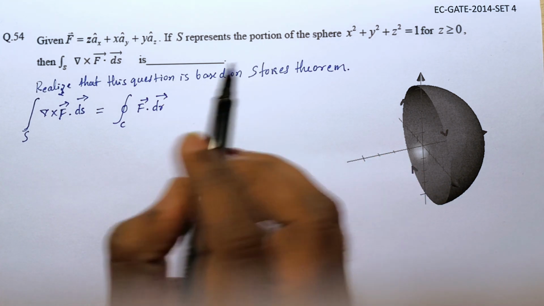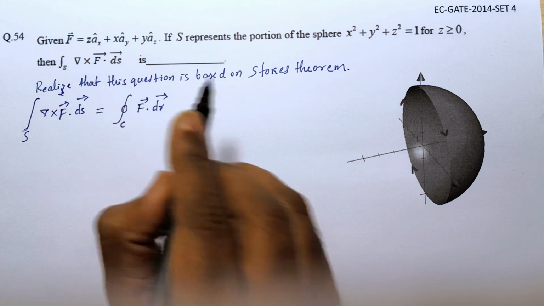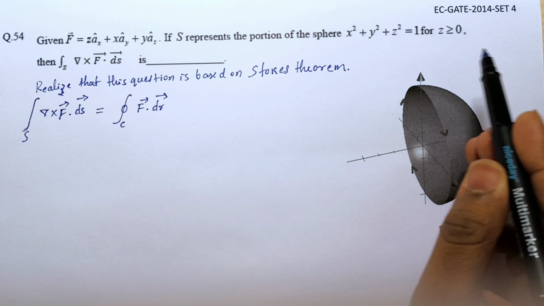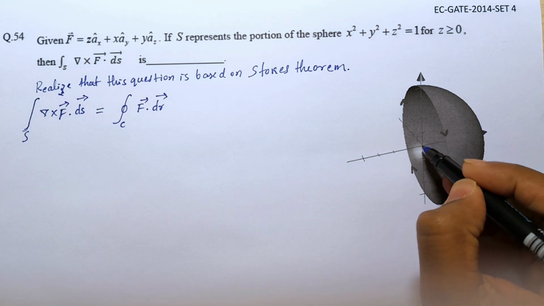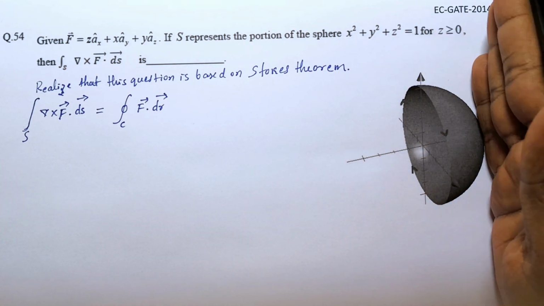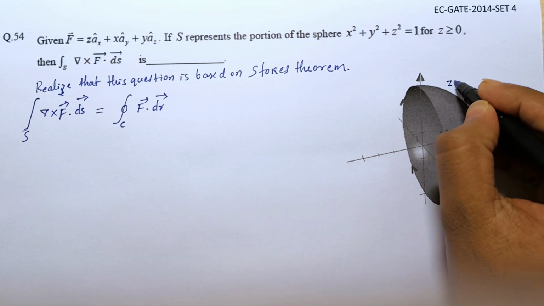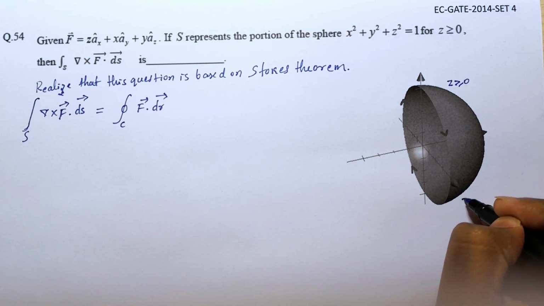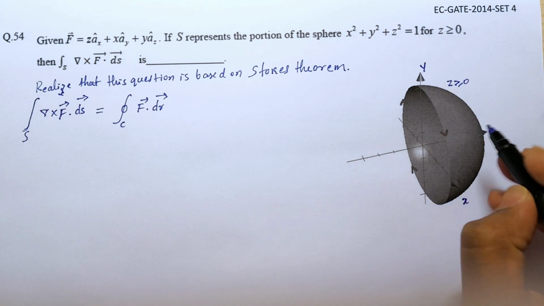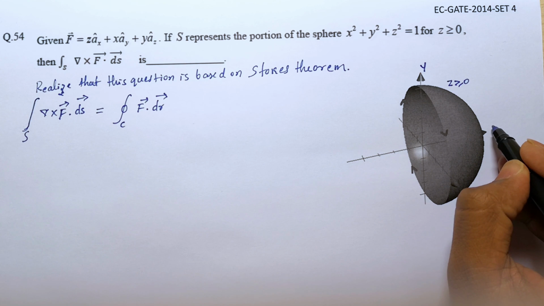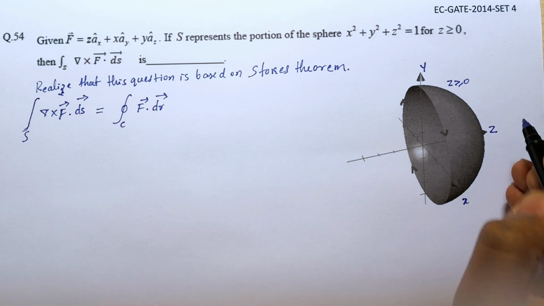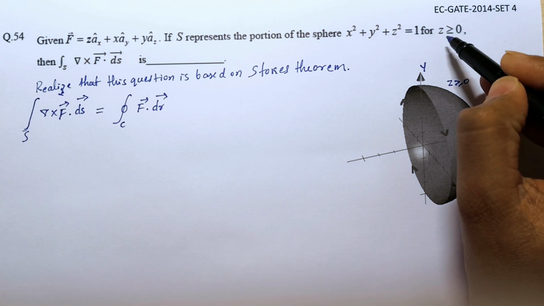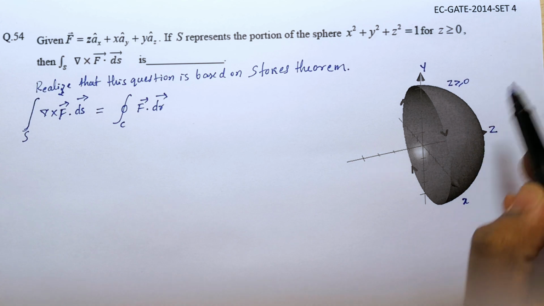Given is a surface which is a portion of a sphere. If we just have a schematic of this sphere, it is the hemisphere located at z greater than or equal to 0, where this is x, this is y, and this is z. So we have a hemispherical surface covering values z greater than or equal to 0.